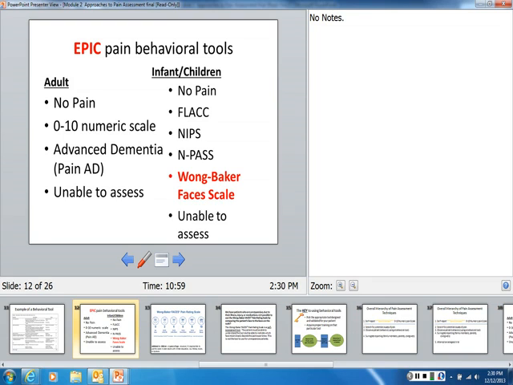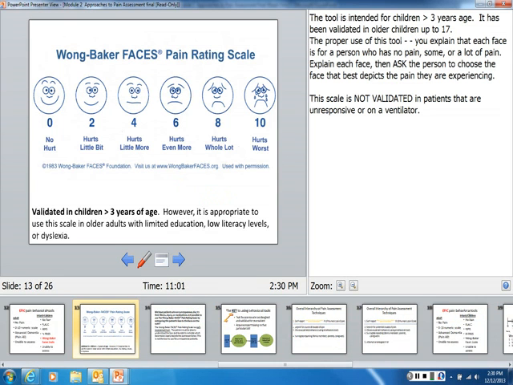Now, I want to take a quick look at the Wong-Baker FACES scale. Most of us are familiar with it. It's been around since 1983. This tool has been validated to use in children over 3 years of age. It's been validated in older children too, up to about age 17. Now, the proper use of this tool, you explain that each face is for a person who has no pain, some, or a lot of pain.